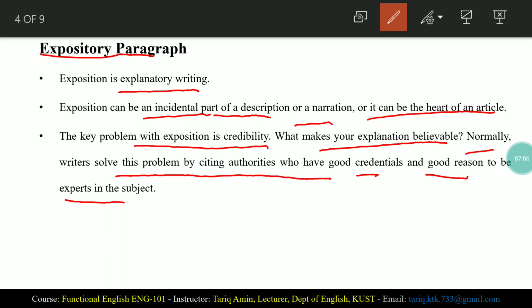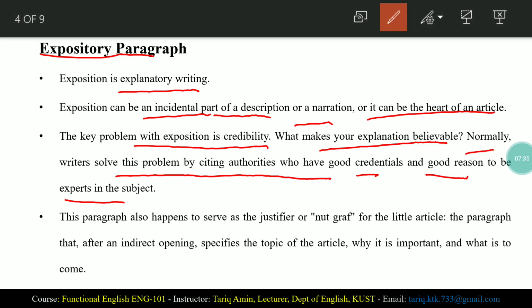The other example is if you are from the Department of English and you are explaining adjective or nouns, you need to refer to different authorities in the area of English linguistics. For example, you can refer to Renan Martin, you can refer to other grammarians as well in order to support your idea, in order to make your points believable and credible.